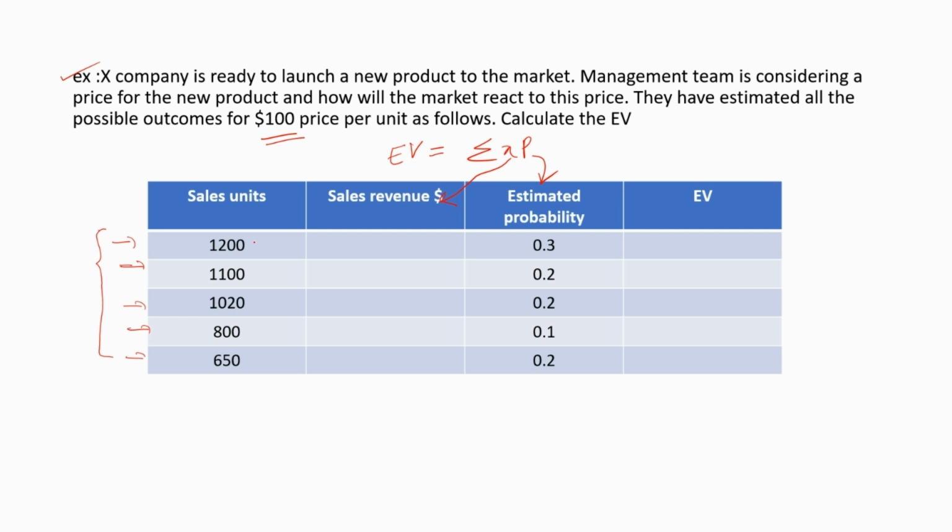So we can calculate the sales revenue by multiplying the sales units by the unit price. Unit price is $100. So we can multiply this by 100. So the sales revenue is 120,000. For the second outcome, also we calculate the sales revenue.